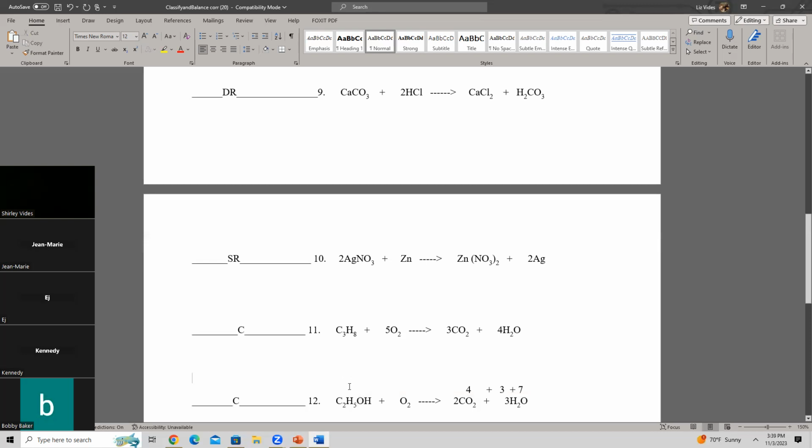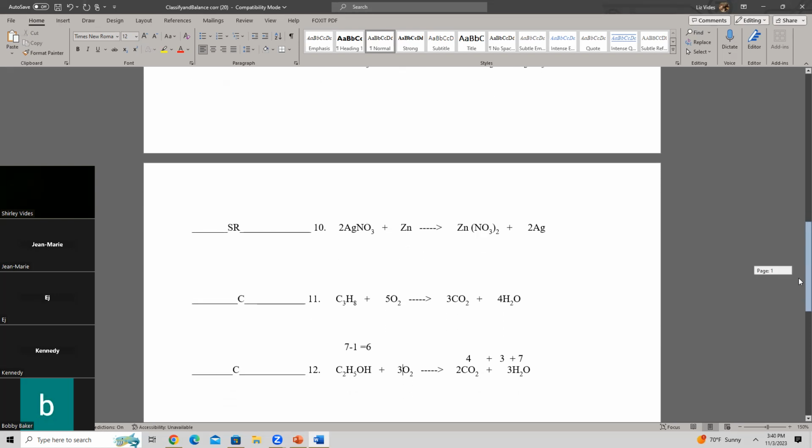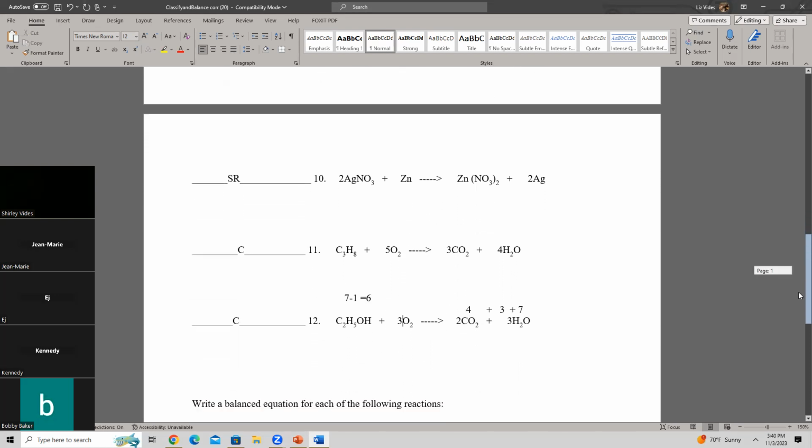So 7 minus 1 gives me a total of 6. Now 6 divided by 2 is 3. So we've got a balanced reaction now. You see that? So that's how I do the math with the oxygens, because there are sometimes some big numbers on here.